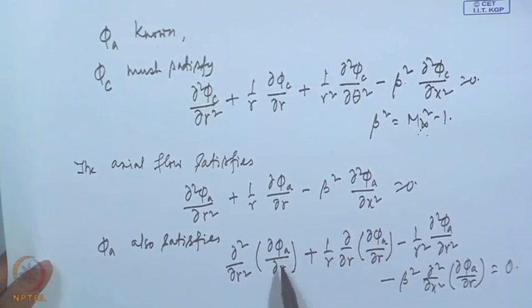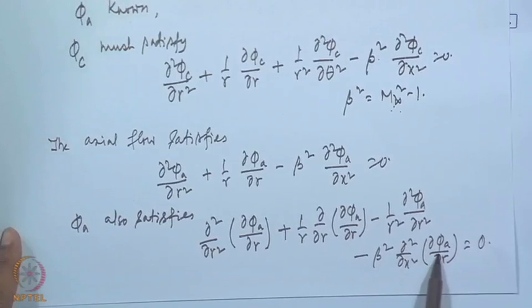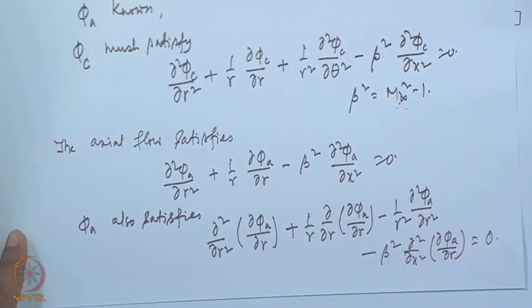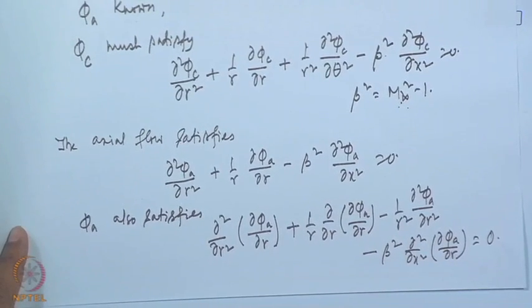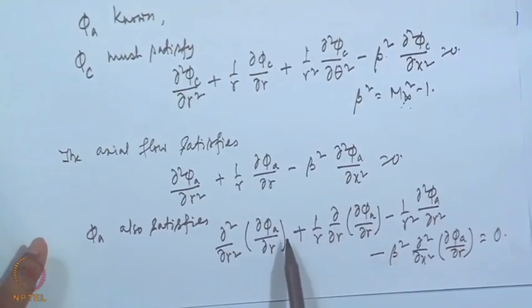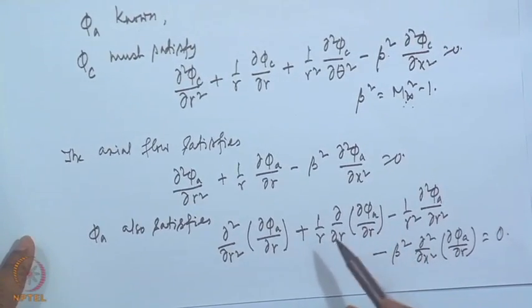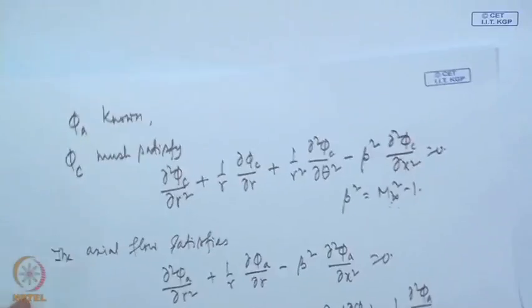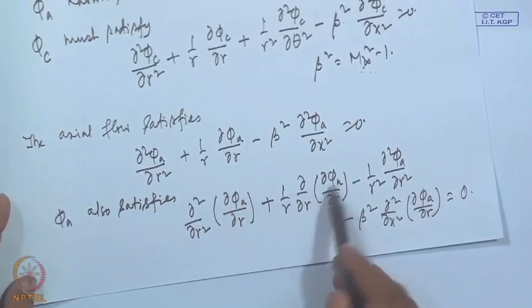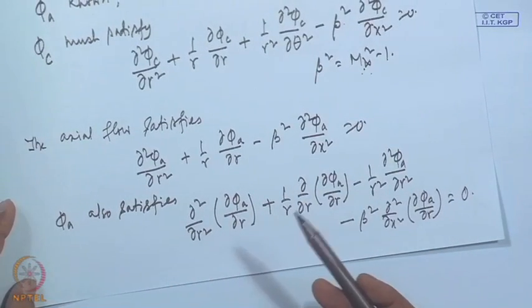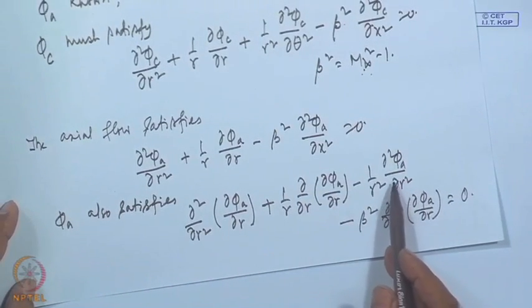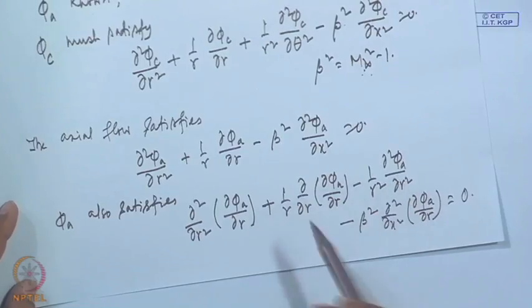Now, if this d phi a d r present in this equation is replaced by cos theta d phi a dr, then phi also satisfies that equation. That means, if we introduce another cos theta here, phi also satisfies that, because the introduction of cos theta in this equation does not alter anything, which is constant for this particular equation.